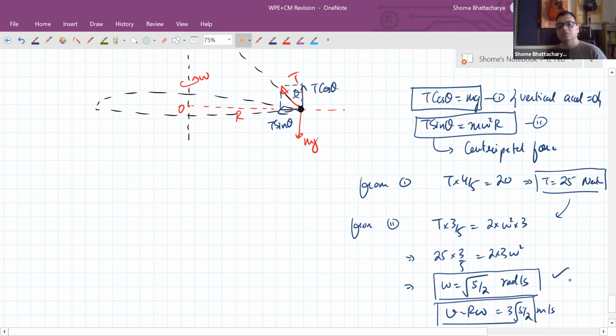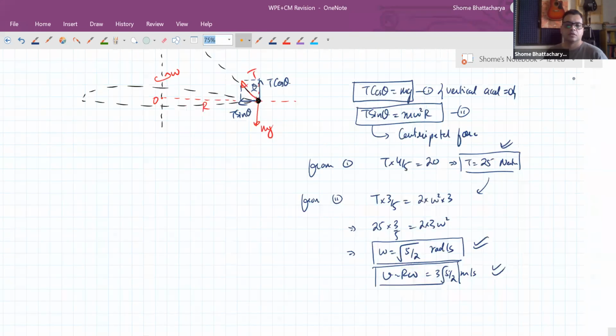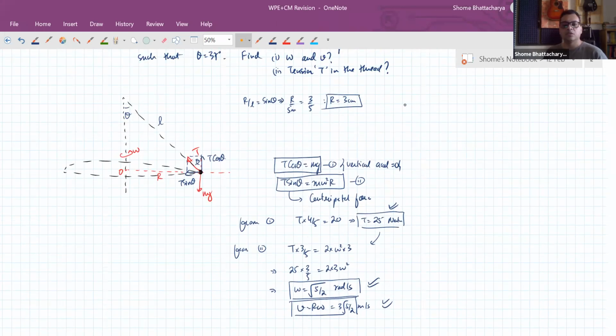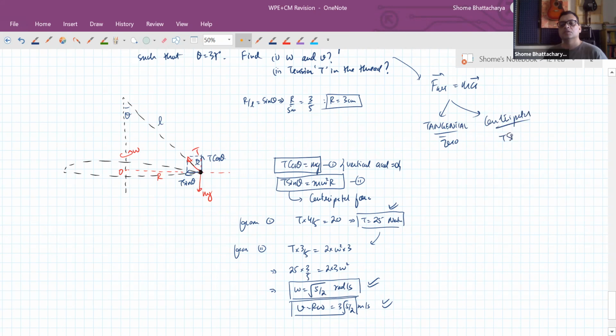So all the various parameters we were required to find out have been found: the angular speed, the linear speed, the tension in the string. By basically applying Newton's second law, net force is equal to mass into acceleration, and we've broken this into tangential, which in this case is 0, and centripetal, which is T sin theta equals m omega square r.